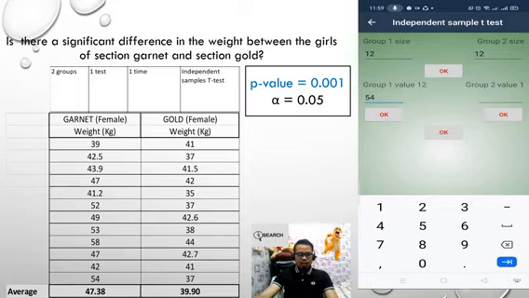Okay, let's move to the next group, the second group, gold for female.